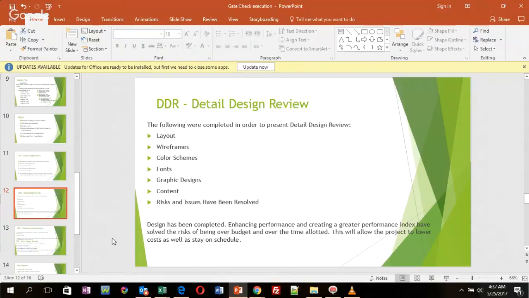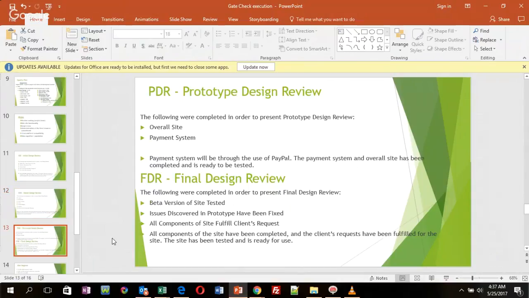The design was completed and the website was enhanced and created within the budget. And this allowed our project to be completed at a lower cost, even though there were some discrepancies in the values as shown earlier.